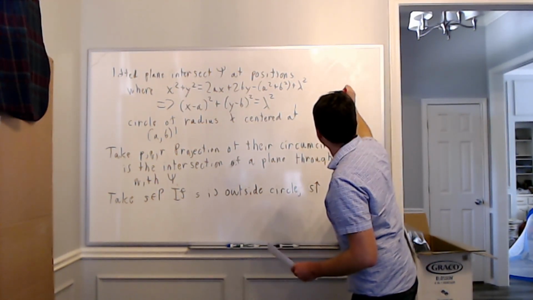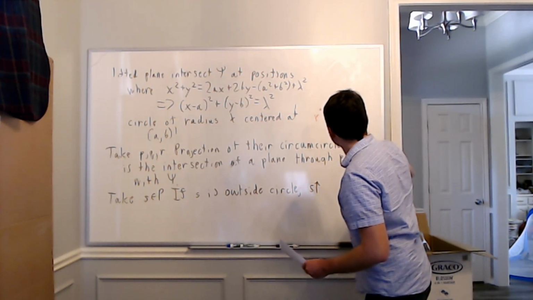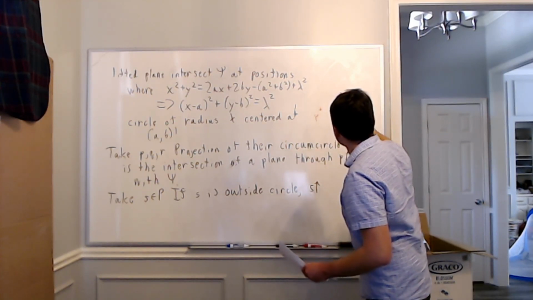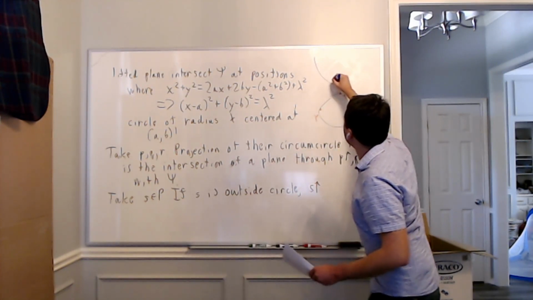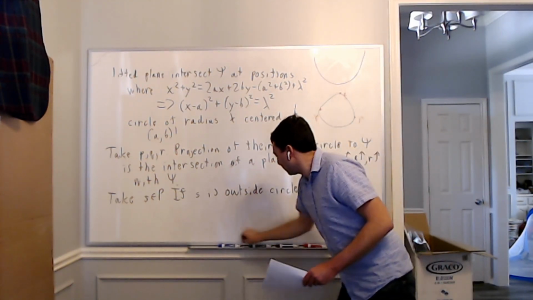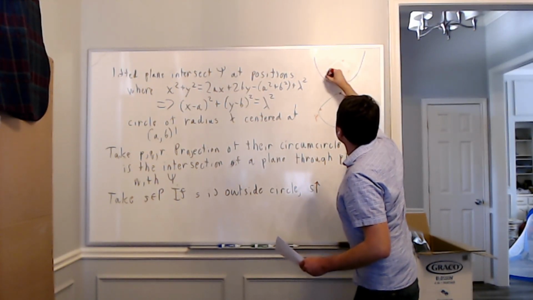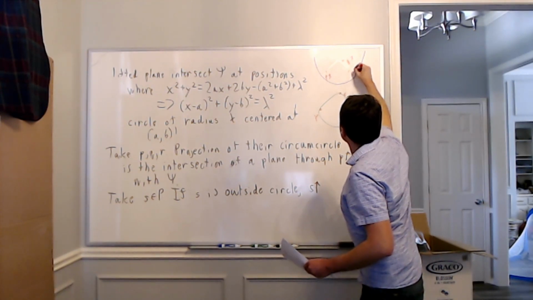So my 3 points, P, Q, and R, and we have the circle going through them. Now if I lift up to the paraboloid, here's P up, Q up, and R up.